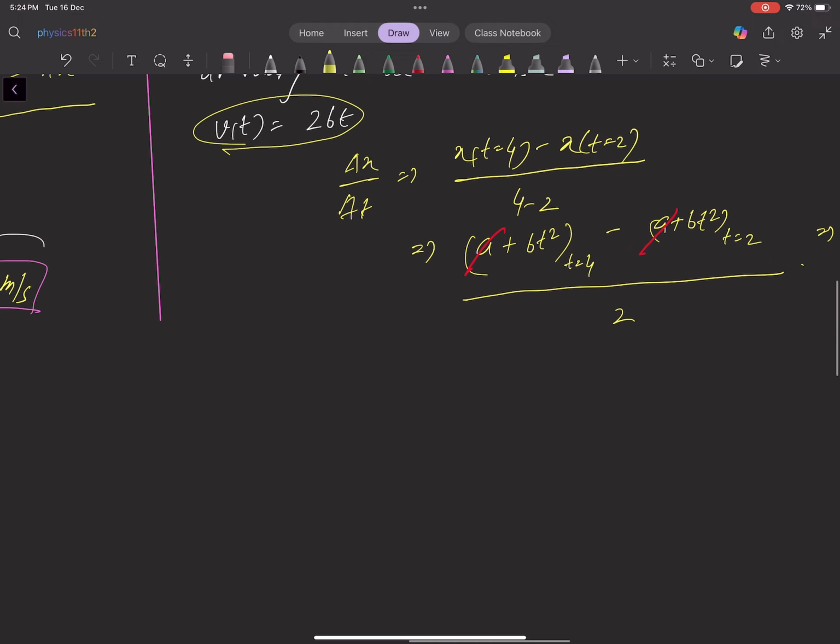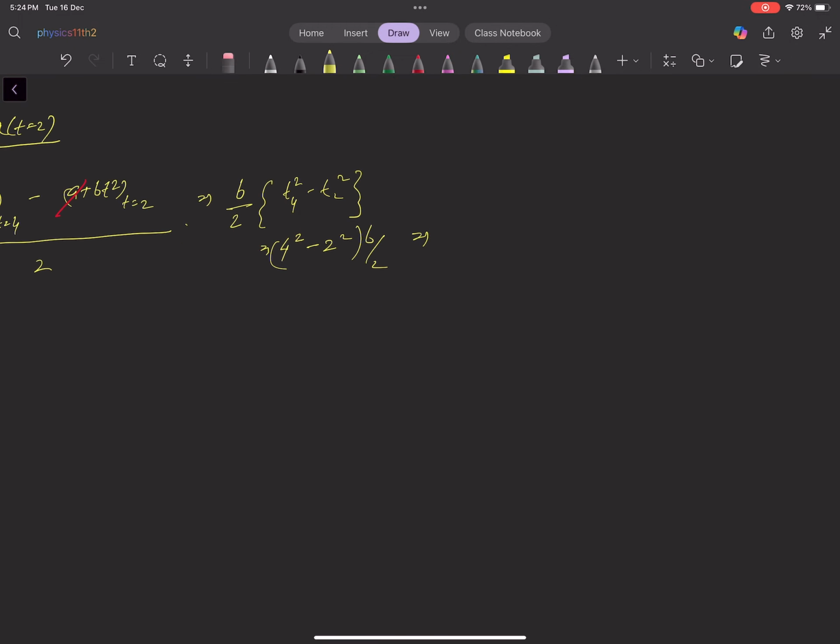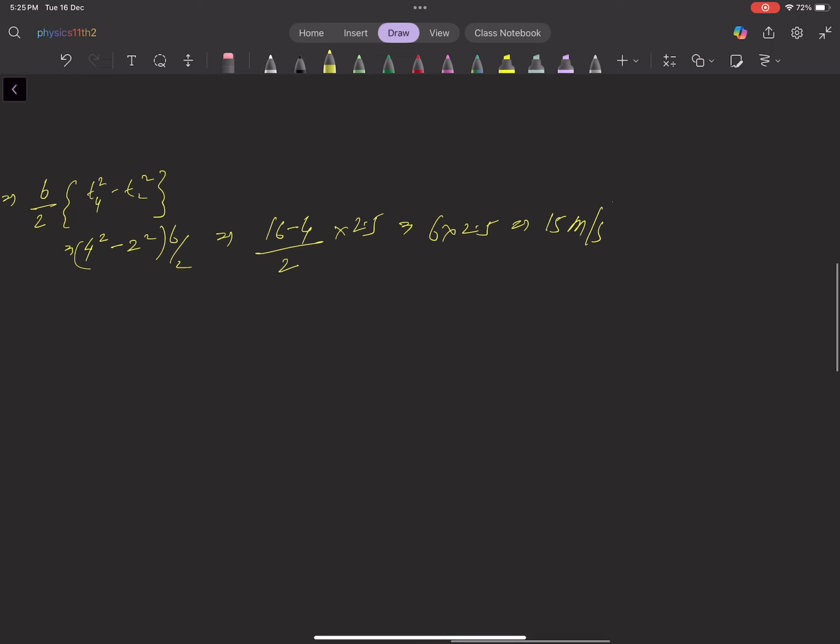The value of b is 2.5. So from here we get 16 minus 4 divided by 2 into 2.5, so 6 into 2.5, that is 15 meters per second. This is the average velocity we are getting.